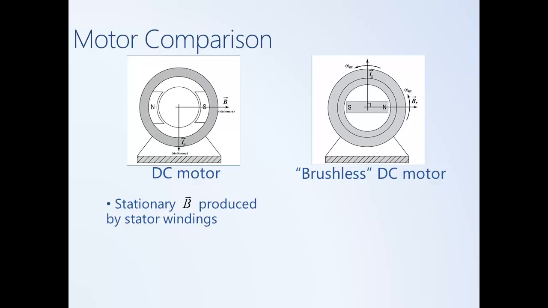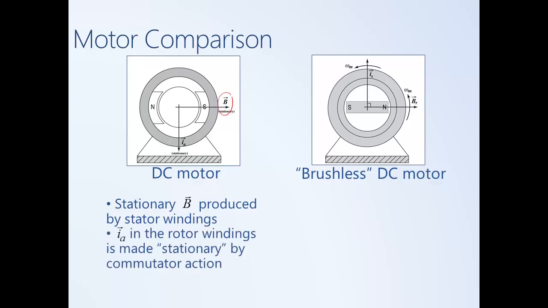They're stationary. So B is stationary. And then the current vector is made stationary by commutator action. If there wasn't a commutator, in essence the current would flip back and forth as the rotor turned. But through the use of the commutator, we always are able to keep the current basically pointing in the same direction.